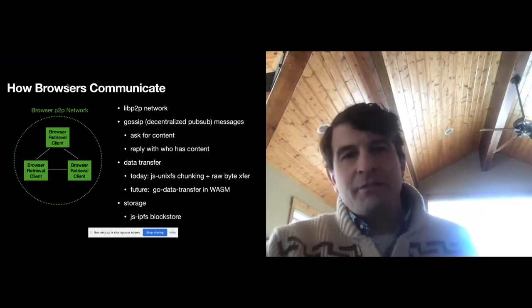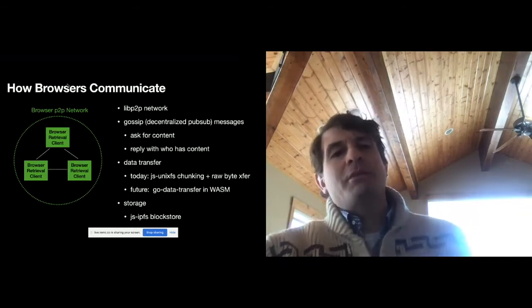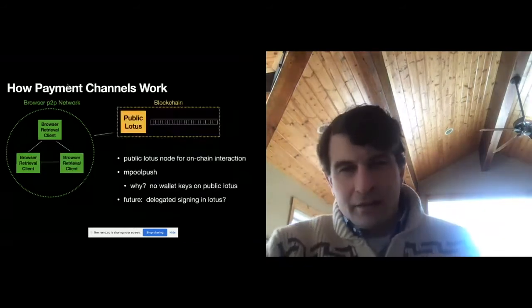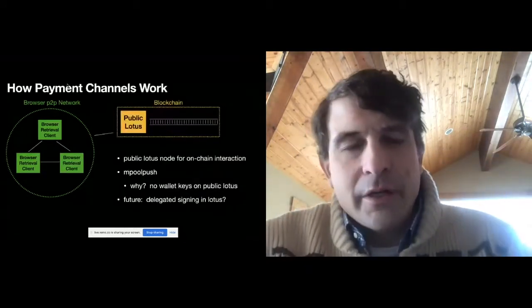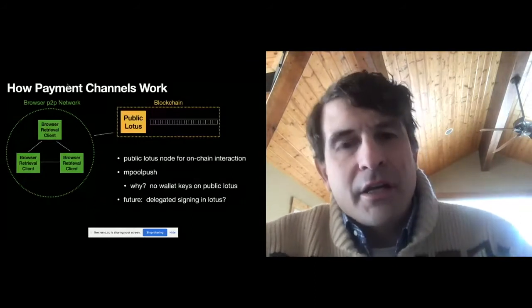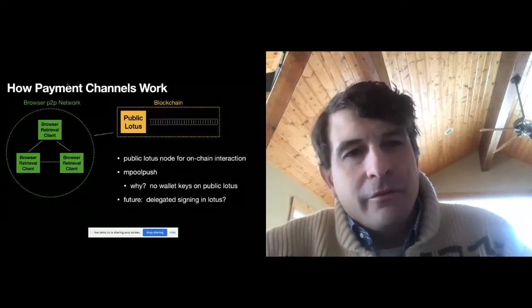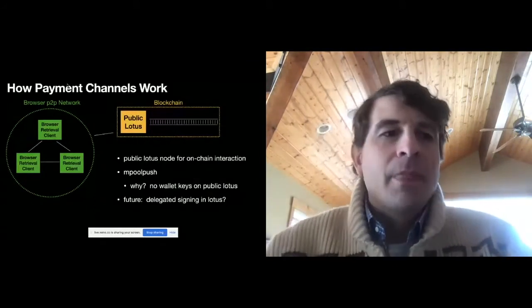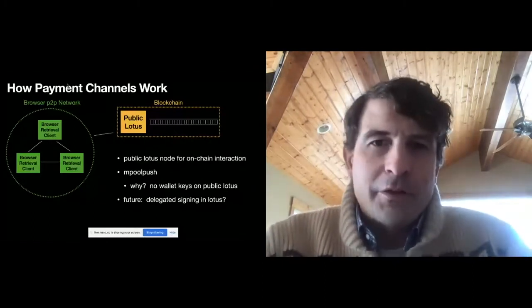Then browser A sends back that payment voucher. Then browser B sends a little more data. And this cycle just continues going until all data has been transferred and all value for that data has been transferred the other way in the form of vouchers.